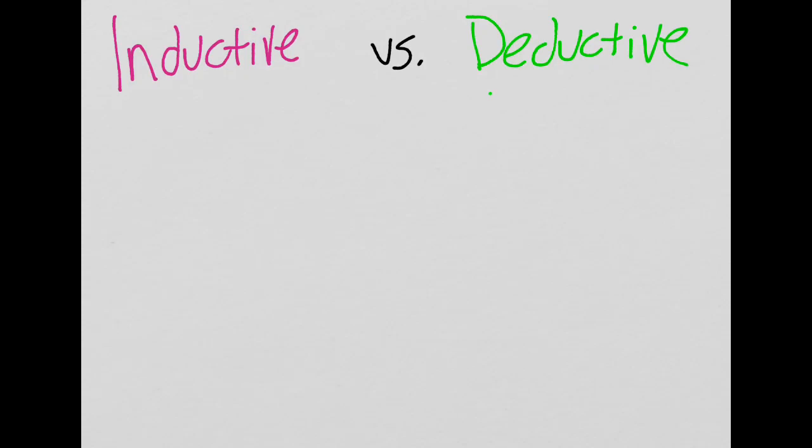Just as a piece of scientific background knowledge that you'll have to know from here on out is the difference between inductive and deductive reasoning. Inductive is less formal. It's known as discovery-driven science because a lot of times what they're doing is discovering something. There hasn't been much work on it before, so they can't really form a really good hypothesis based on any data that's been collected before.